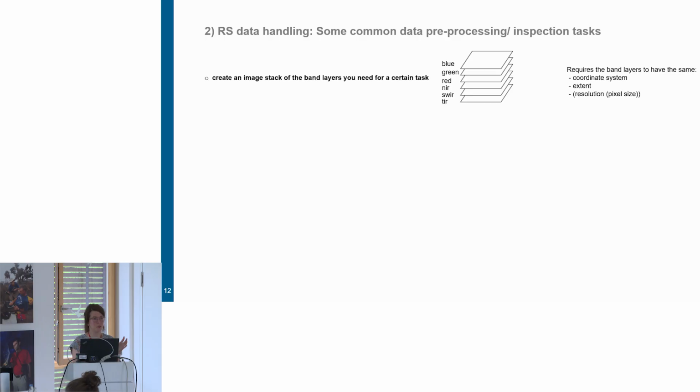We did that with a virtual raster already, in a simplified way. But here we want to really combine these bands together and create a physical layer containing the different band layers. This requires the band layers to have the same coordinate system. Here it's not a big problem because we use bands from one tile, so they obviously have the same dimensions. We need the same extent and we need the same resolution, pixel size.